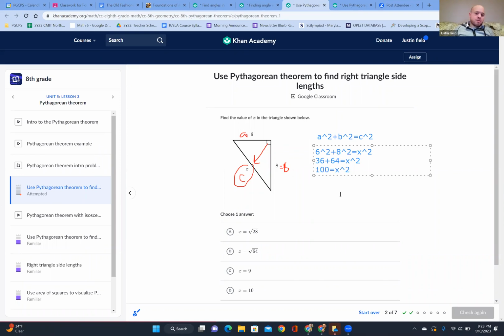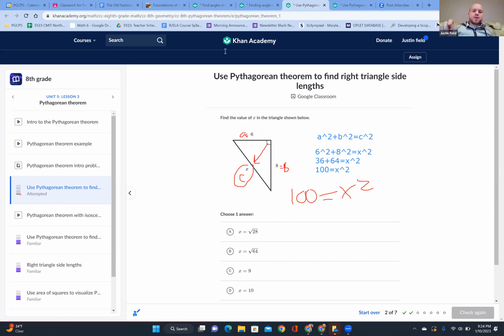And now, let me just write that. So it is x squared equals 100, right? Do not divide by 2. Don't do it, because x squared is x times x. Well, the inverse operation of that is not division by 2, okay?